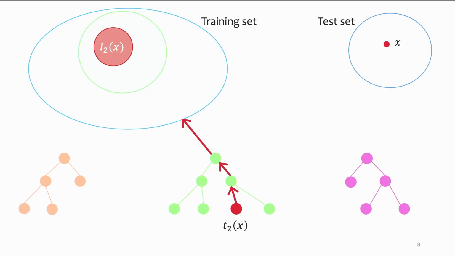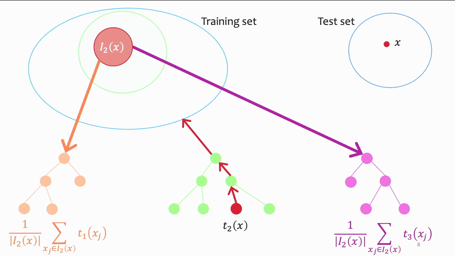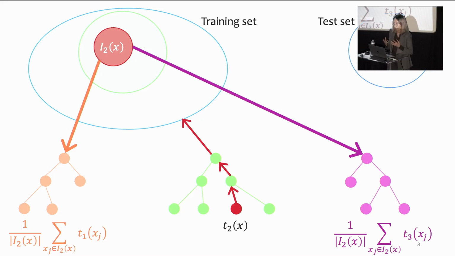And now we take those training points and we send them to other trees. To tree 1 and tree 3, we ask each one, for this neighborhood that tree 2 thinks is similar to X, what do you predict? Each of the other trees gives back an average prediction over those training points in I2, and so we get an average for the first tree and the third tree.